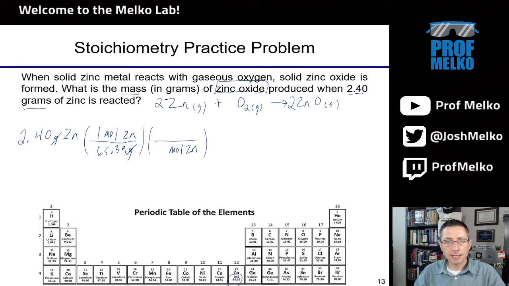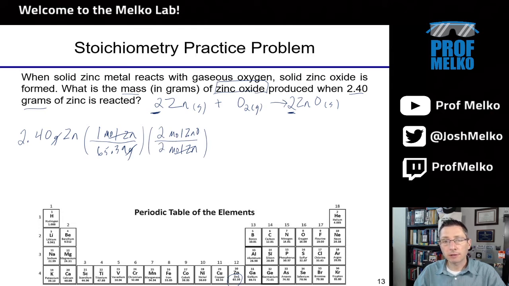So I need to use my second unit factor here as a molar ratio between zinc and zinc oxide. Zinc goes on the bottom because it has to cancel. To get the numbers in front of these units for the molar ratio, I look to the balanced chemical reaction. That's why we had to balance it, because we're going to need this molar ratio. This ratio says there's 2 zinc oxides, so a 2 in front of zinc oxide here, for every 2 zincs, so a 2 goes here.